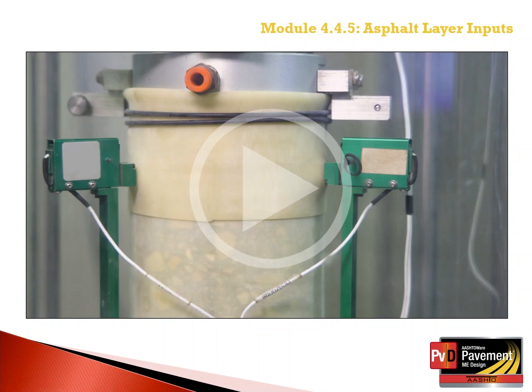There is not much to see in this video in terms of the specimen response, because the deformations are usually low for a well-graded and rut depth resistant mixture. The video does capture the monitor showing the deformations measured by the LVDTs and the repeated load applied to the specimen.